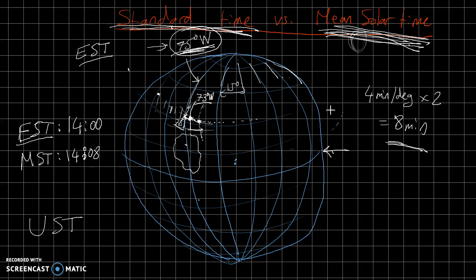So in other words, if the sun is passing through the Greenwich meridian and it is noon at Greenwich, then it is 5 hours earlier in Montreal. The sun has not yet reached Montreal, which means that the Eastern Standard Time will be equal to the Universal Standard Time minus 5 hours. And for every 15 degrees, you adjust by 1 hour.